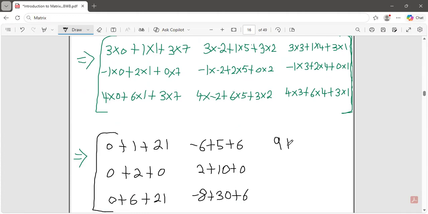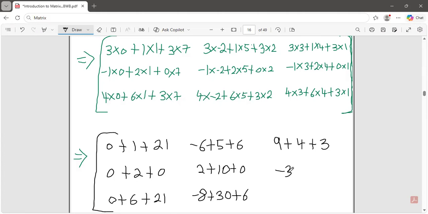Okay, plus 1 times 4 is 4. You see, yes, plus what? 3 times 1, 3. So over here, negative 1 times 3 is just going to give me negative 3.